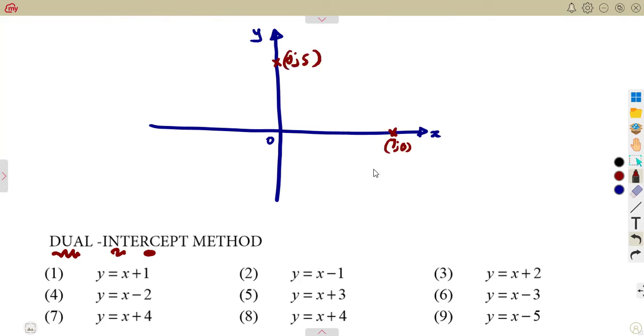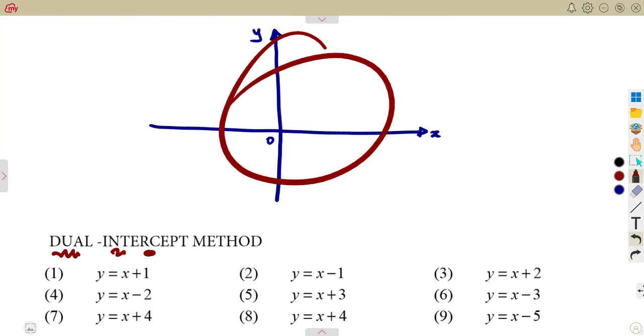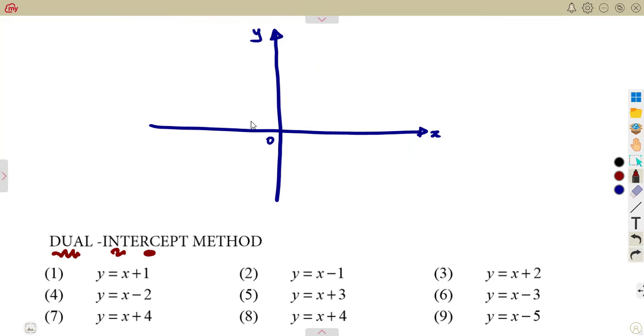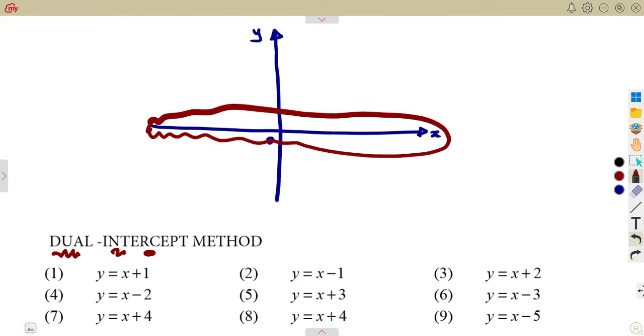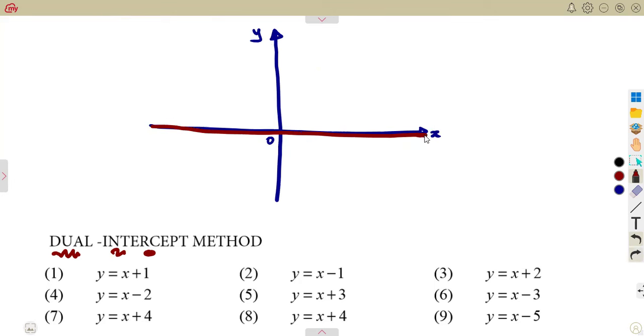And I explained about these points, their special significance on a Cartesian plane, on our graph. As long as a point lies on the x-axis, it is called the x-intercept.